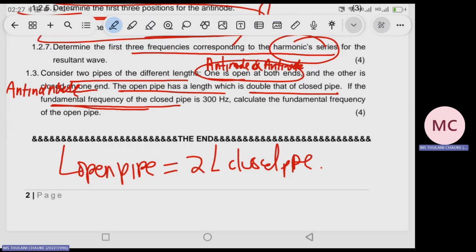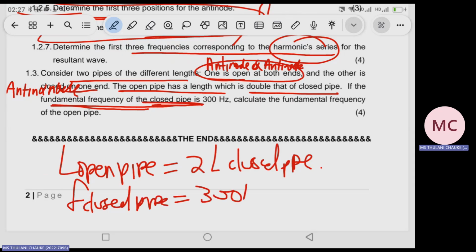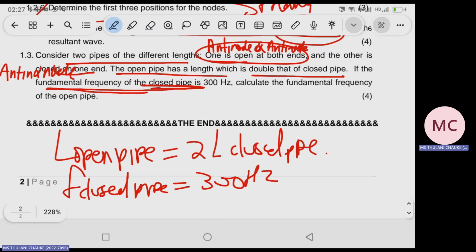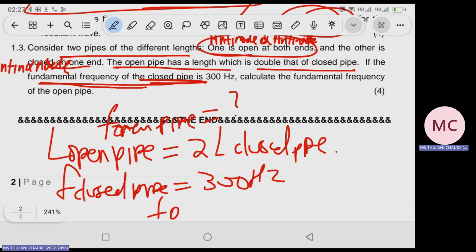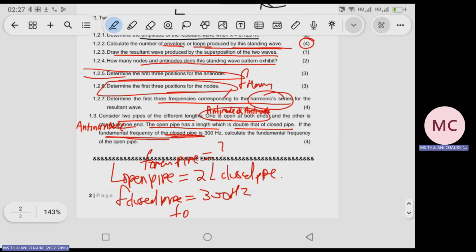Okay, and then they say the fundamental frequency of the closed pipe is 300 hertz. Then they want the fundamental frequency of the open pipe. What is it? And they say it is 4 marks.